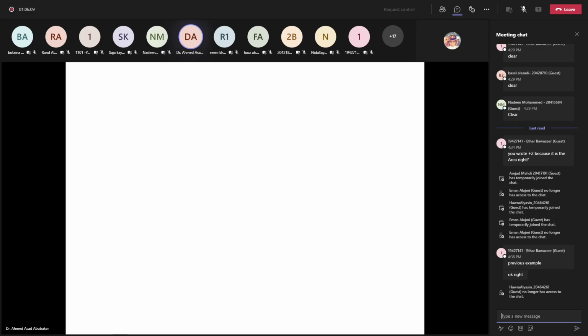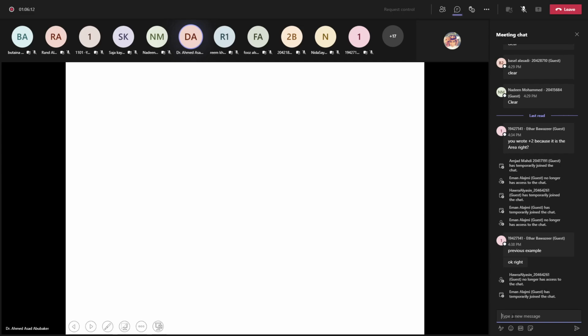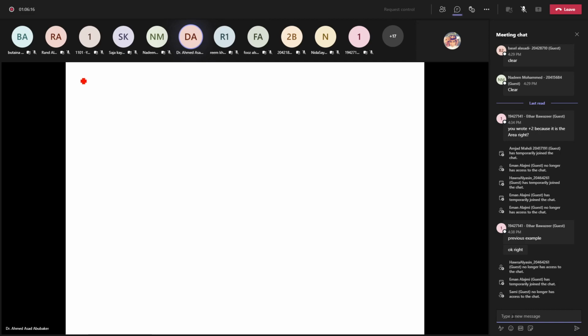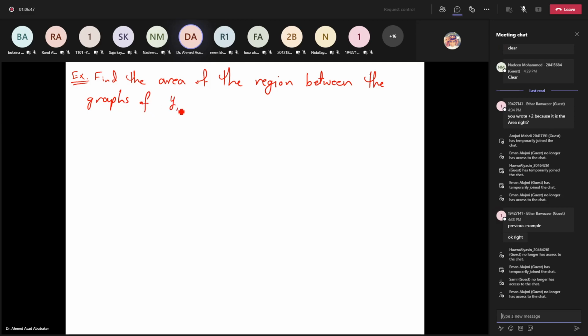Okay, another example. If we need to find the area between two curves without the bounds given from x to x, for example, find the area of the region between the graphs of y1 equals 4 minus x squared and y2 equals x squared minus 2x.